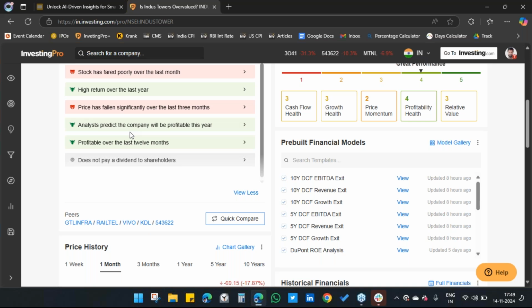Any analyst report is automatically fetched by Investing Pro. Because the reports are in the database, ProTips also digs into that database and gives you information that might be useful. So the majority of the analysts consider that the company will be profitable this year.